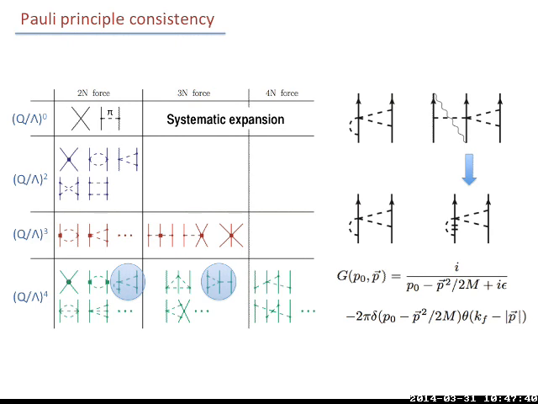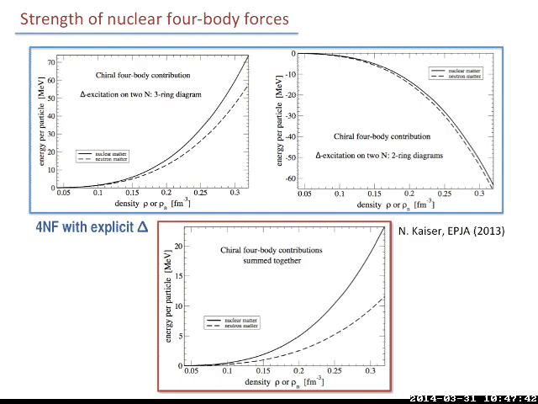But in addition to violating the Pauli principle, often what you find is that there are significant cancellations among different diagrams at a given order. Here what I show are the contributions to the energy per particle of symmetric nuclear matter and neutron matter, as a function of the density, including only a four-body force which has two intermediate state delta excitations.